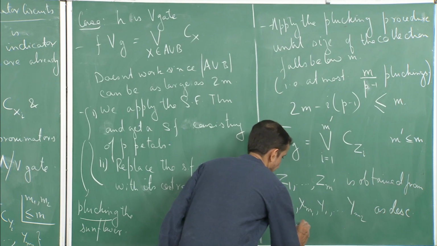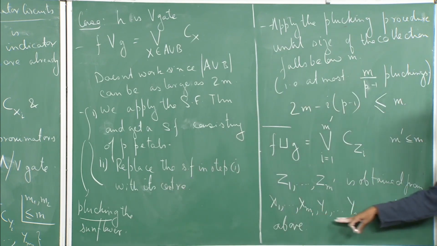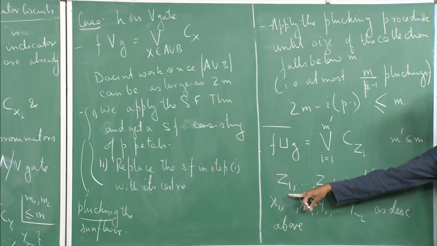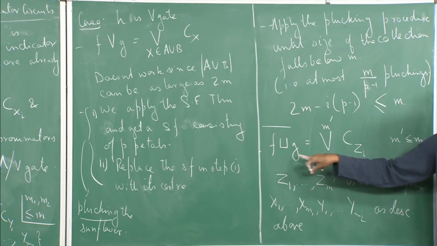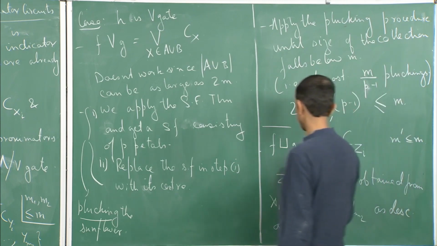As we have described above, if we started with these initial sets, we will end up with Z1 to Z m prime. This is how I define the approximate OR of f and g.